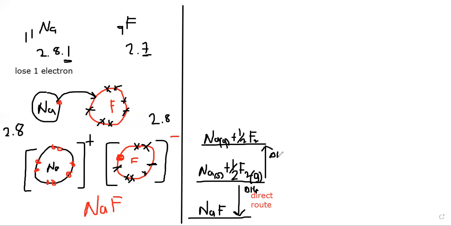You would have read the definition before we reach this part. I'm just going to put ATM. Now, once the sodium metal is a gas, we can go ahead and remove an electron from it.